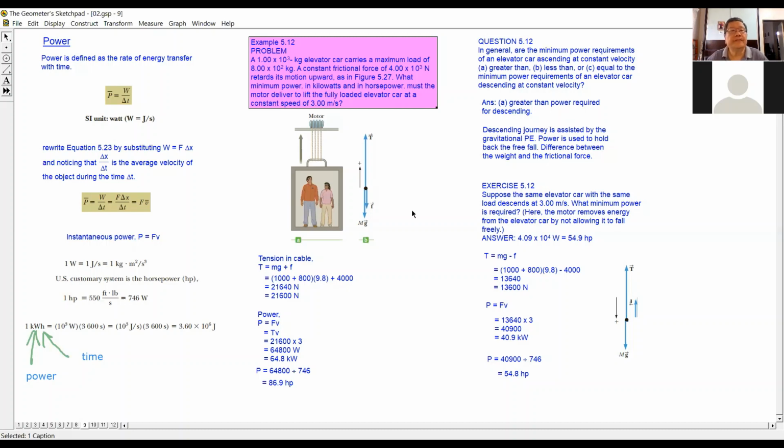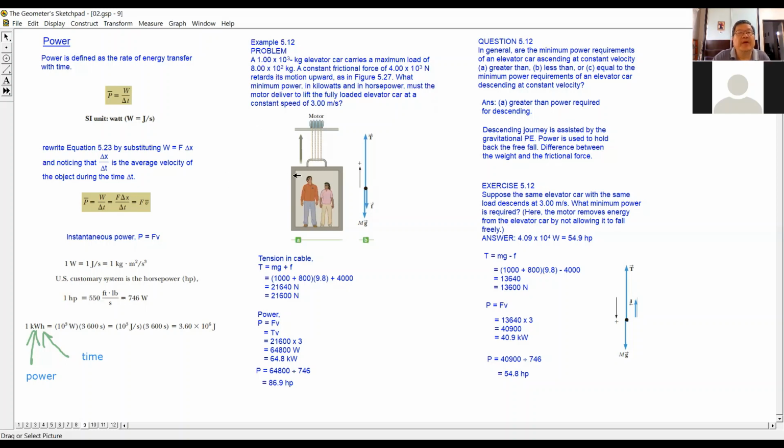A 1 times 10 to the power of 3 kg elevator car carries a maximum load of 8 times 10 to the power of 2 kg. A constant frictional force of 4 times 10 to the power of 3 Newton retards its motion upwards as in figure 5.27. What minimum power in kilowatts and in horsepower must the motor deliver to lift the fully loaded elevator car at a constant speed of 3 meters per second?